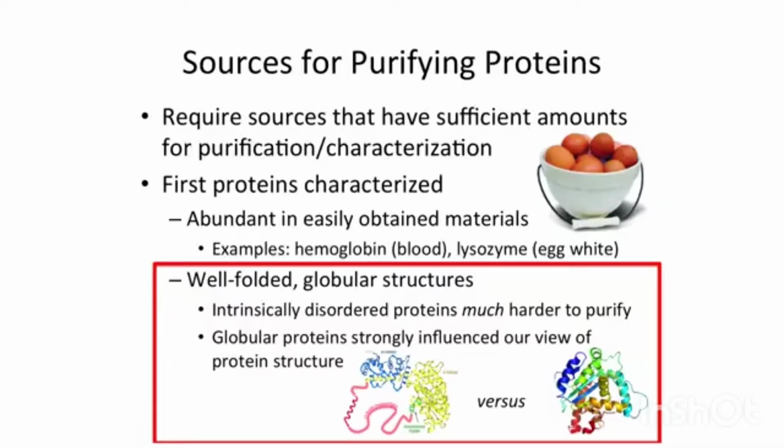And as a consequence of this, globular proteins have strongly affected our view of protein structure as a whole. We think of protein and we think of these nice, pretty crystallographic structures and well-behaved proteins, when in fact, probably the majority of proteins do not fall into that category.